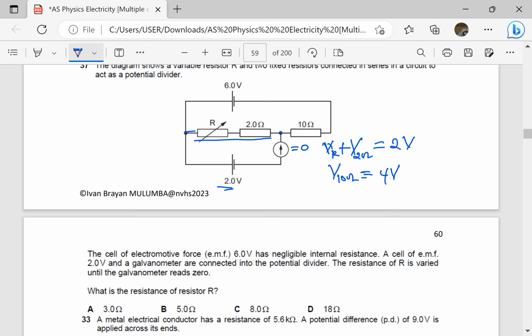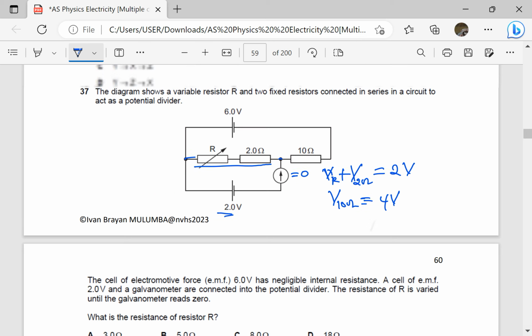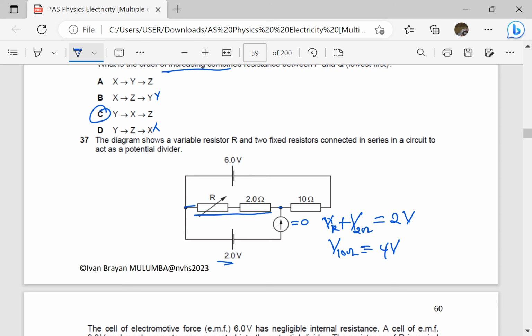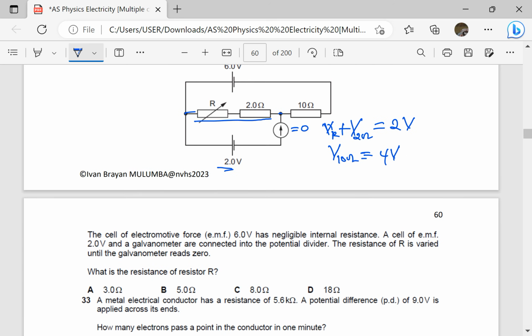The 4 volts that we have obtained can help us to find the total current I. Total current I is going to be equal to 4 divided by 10, which is going to give us 0.4 amperes.